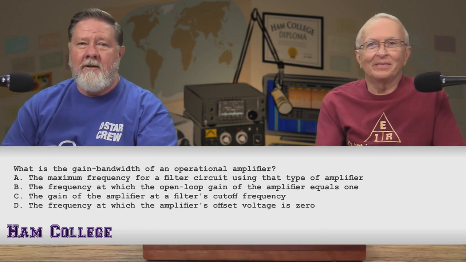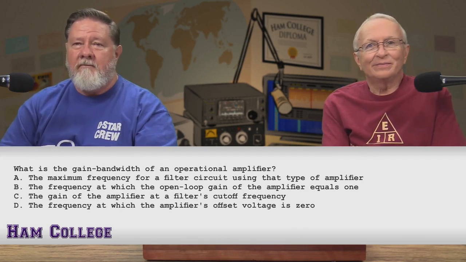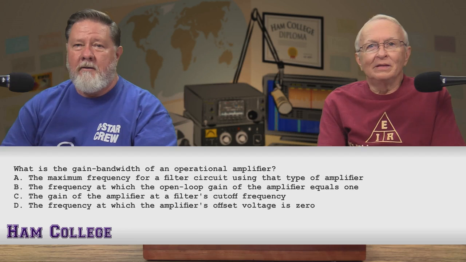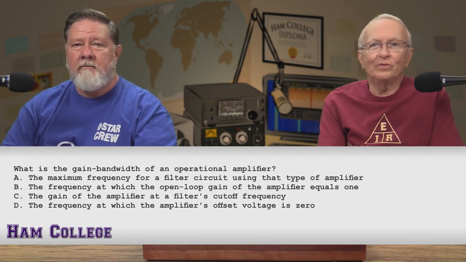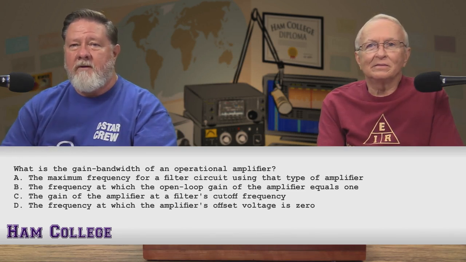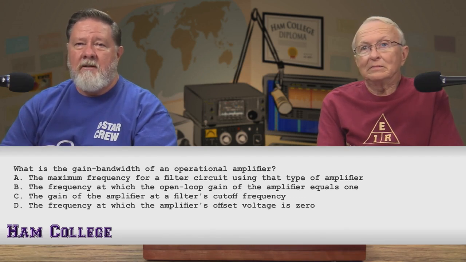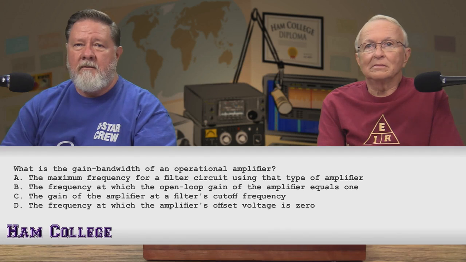B, the frequency at which the open loop gain of the amplifier equals 1. C, the gain of the amplifier at the filter's cutoff frequency. Or D, the frequency at which the amplifier's offset voltage is 0.